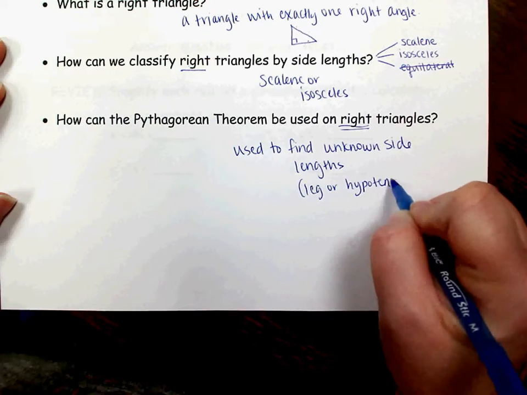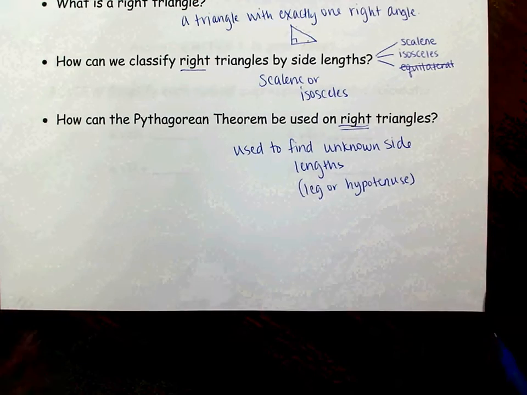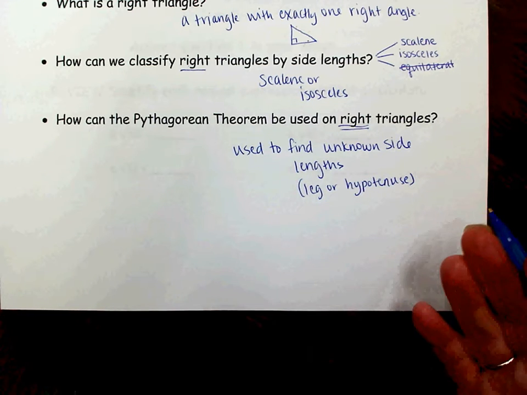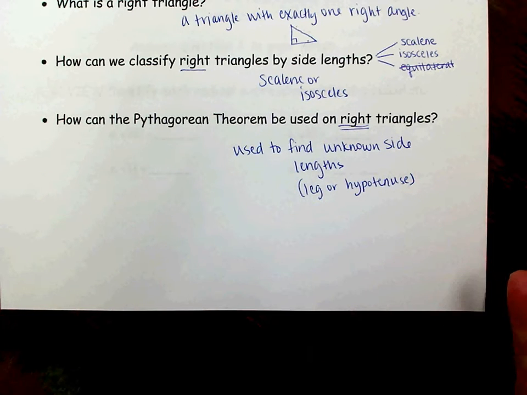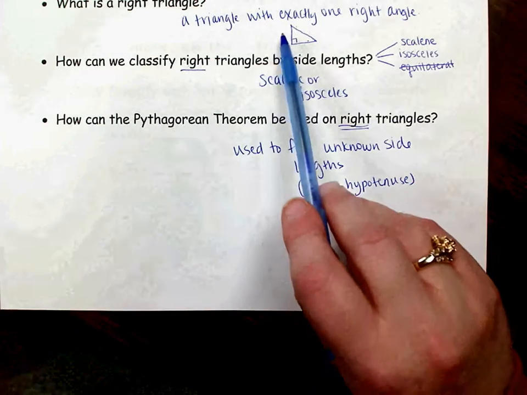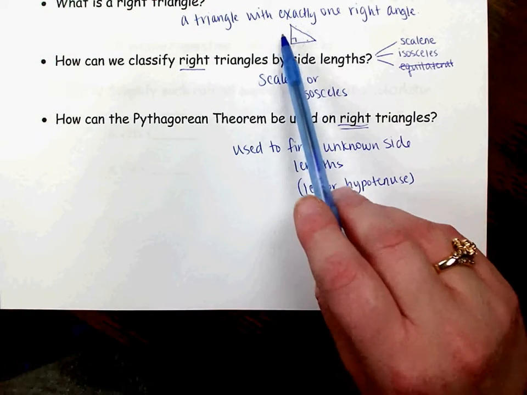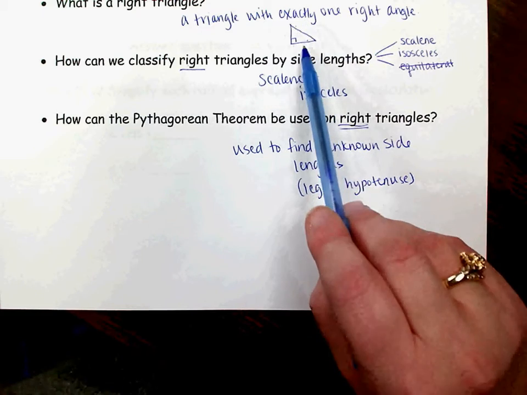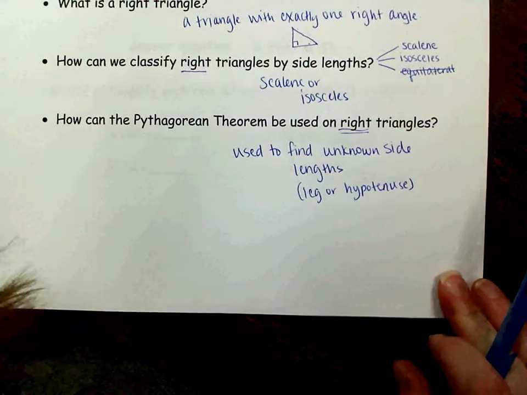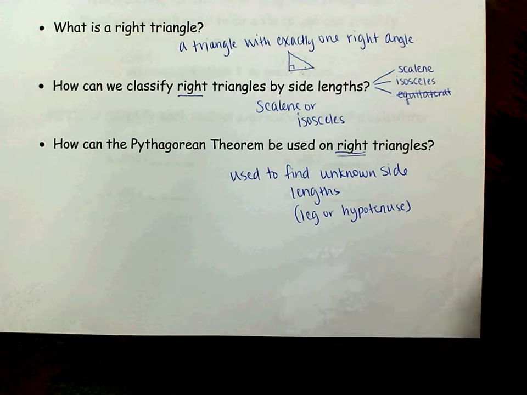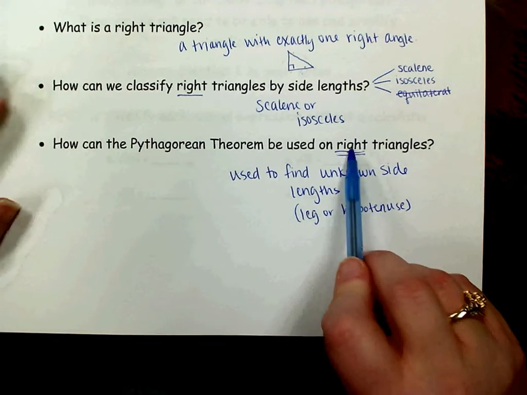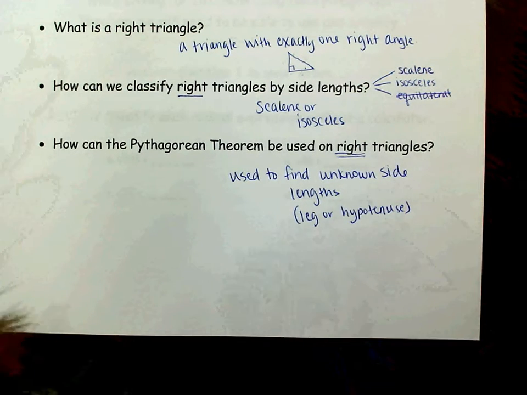But you have to know two sides of a right triangle in order to use the Pythagorean Theorem to find the missing third side. So you can be given both of the legs and use it to find the hypotenuse, or you can be given a leg and the hypotenuse and find the other leg using the Pythagorean Theorem. So you use it to find unknown side lengths of right triangles, either the leg or the hypotenuse.